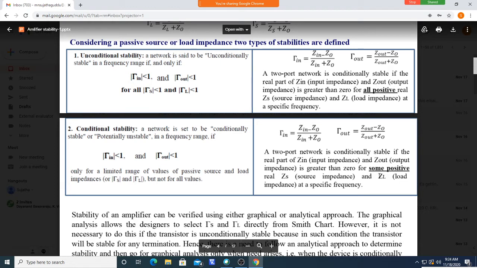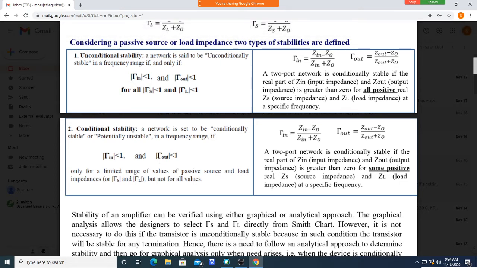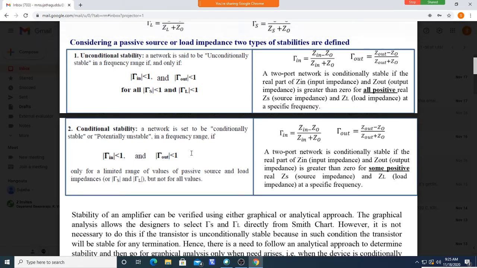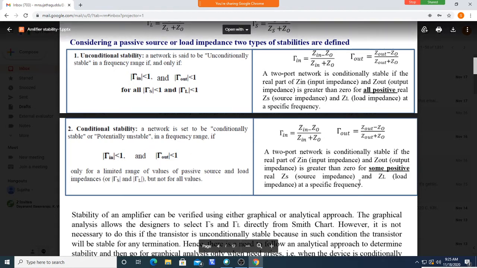For some values only we will be getting Γin and Γout lesser than 1. So while checking K, delta and B, if K is lesser than 1, that means it is conditionally stable. Conditional stability means only for a few values of ZS and ZL, the system is stable.